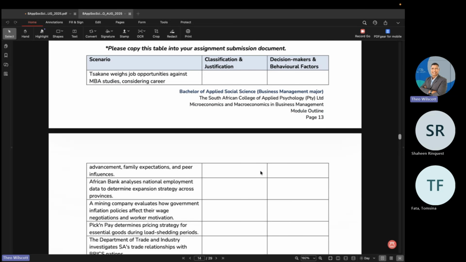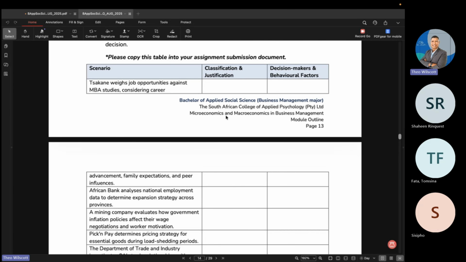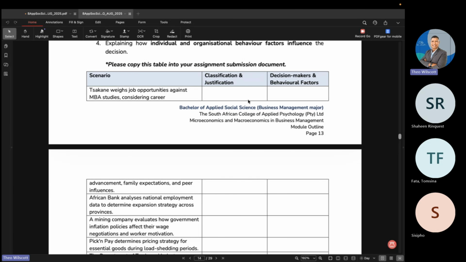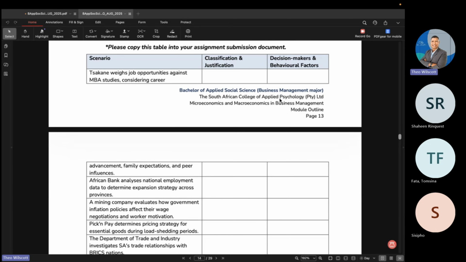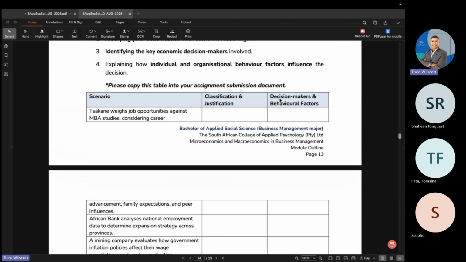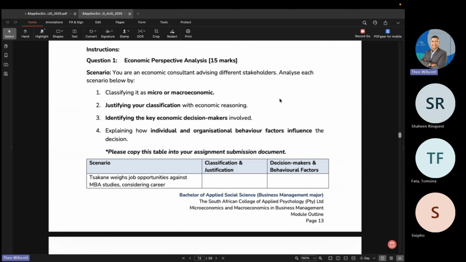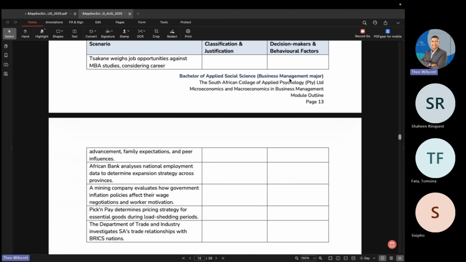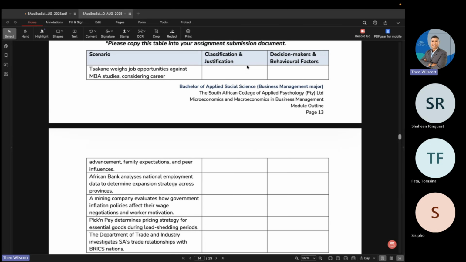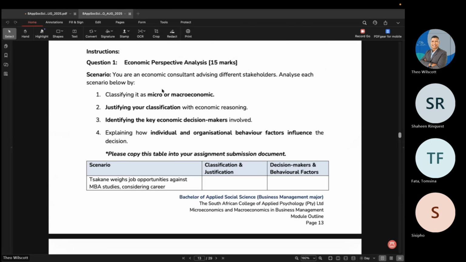There we go. Micro, the decision maker, and behavioral factors. What I'm looking for is, who's making the decision? That's the first thing. And then what drives that decision? If that makes sense. It's 15 marks. So all of these are 1 mark. There's 1, 2, 3, 4, 5, 6, 7, 8, 9, 10, 11, 12. Where's the other marks?